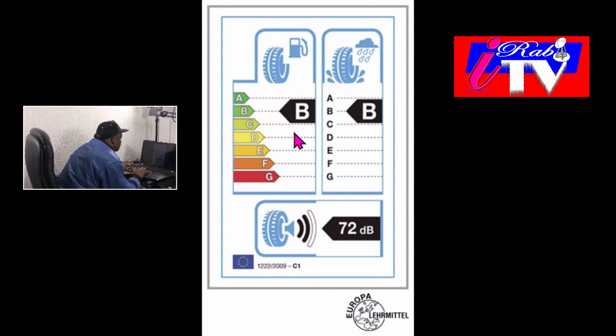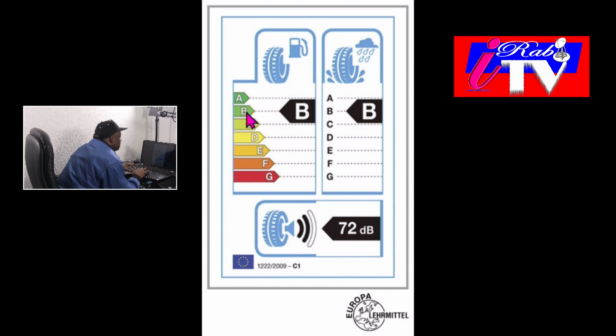So from 2009, the European Union now agrees that the petrol consumption rate of that tire must be fixed on the tire so that people will know. I will just show you a little diagram of what I'm talking about. When you see this particular tire is B, and it's green, it means for fuel consumption, it can save a lot of fuel for you.